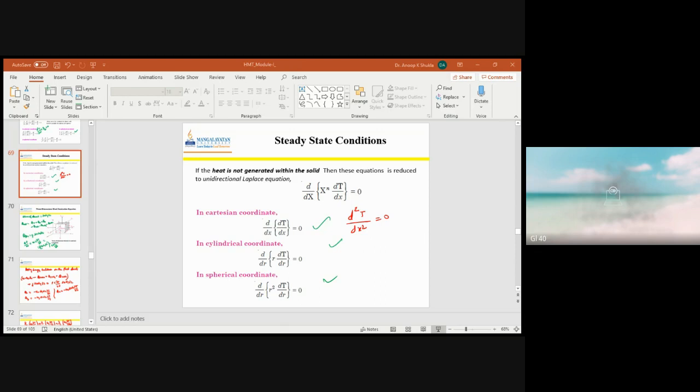Similarly, in the y direction, qy enters the element through the face DCGH and leaves through ABFE.